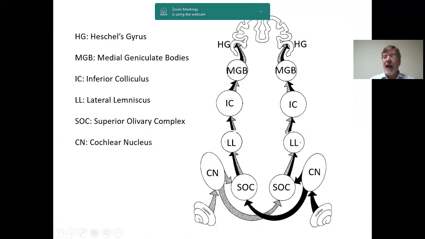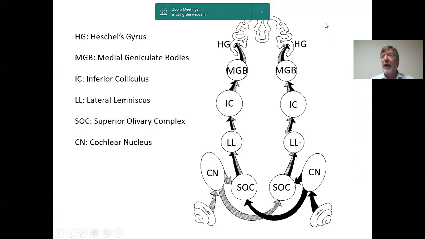Here's another schematic of it. Cochlea, eighth nerve, cochlear nucleus, and then to this one and to the opposite, crossover. Lateral lemniscus, inferior colliculus, medial geniculate bodies, and then they're showing a really small brain here.